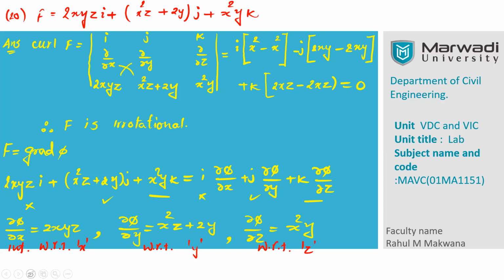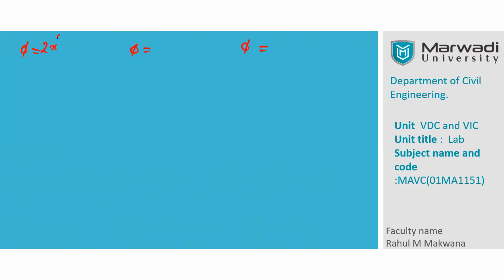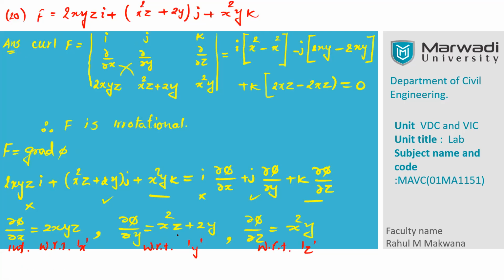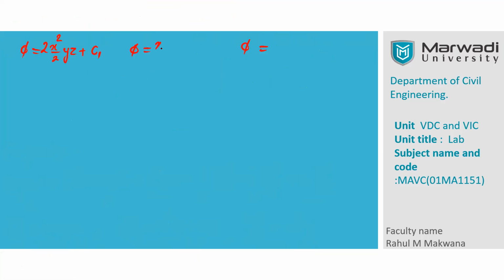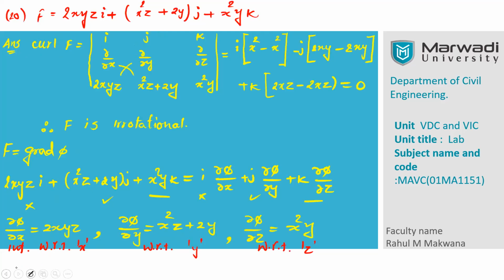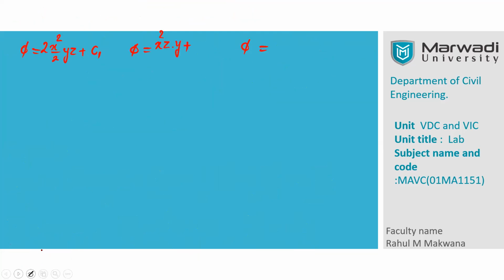With respect to x, 2x square by 2 yz plus c1. With respect to y, x square and z both are constant, so x square z into y plus 2y becomes 2y square by 2 plus c2.